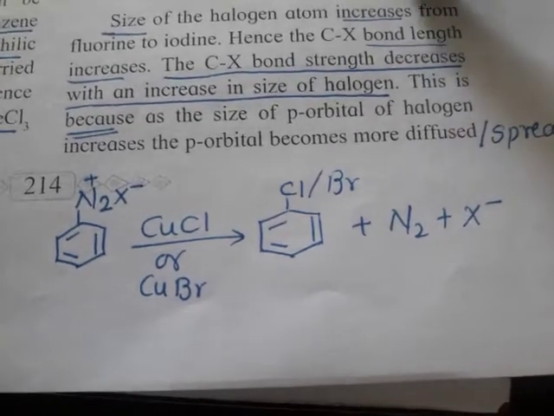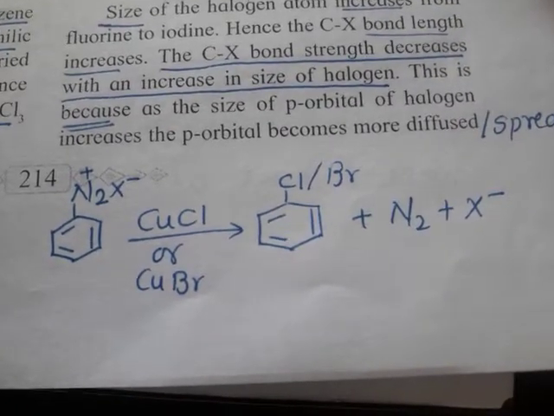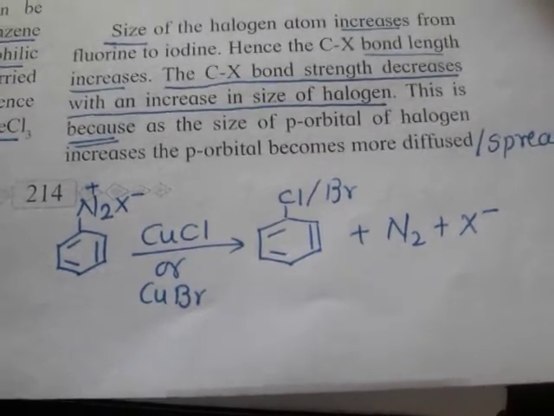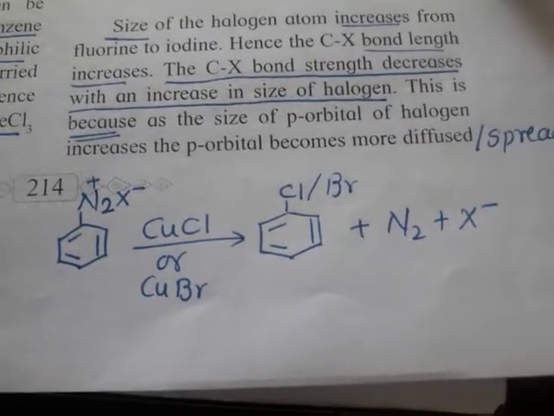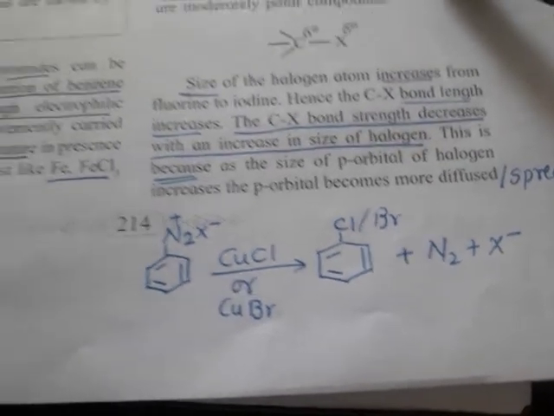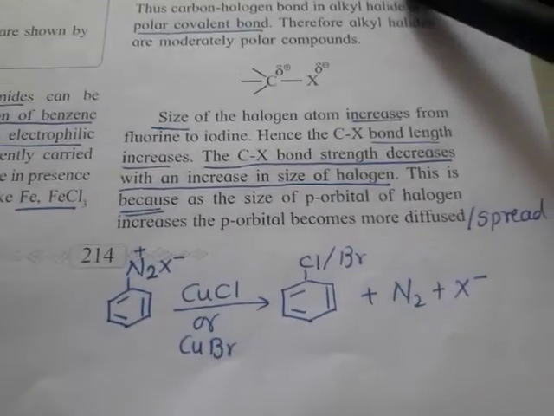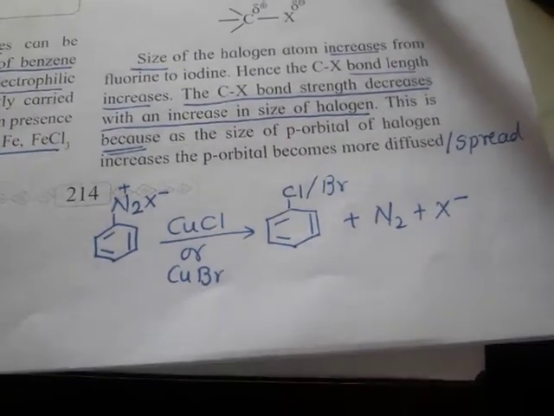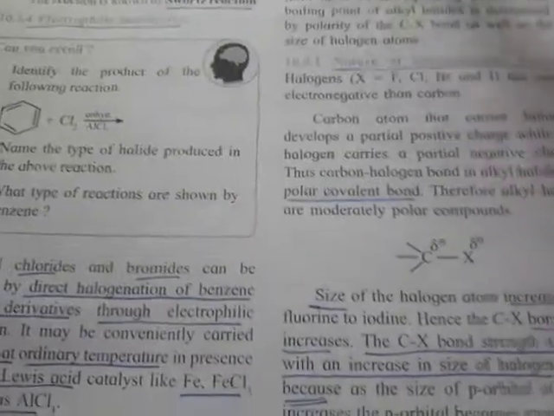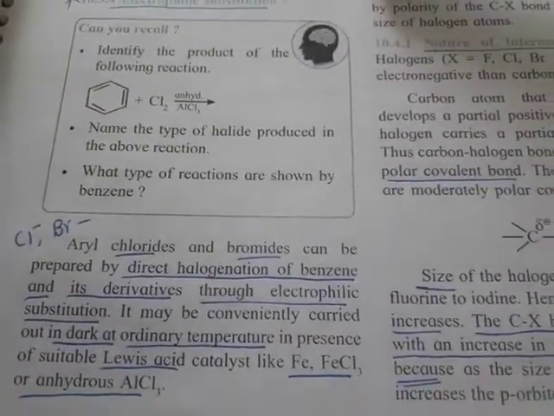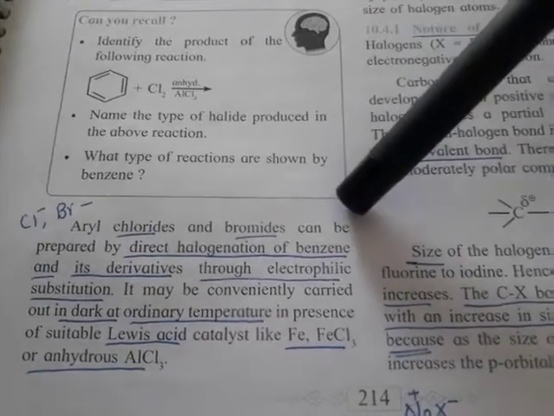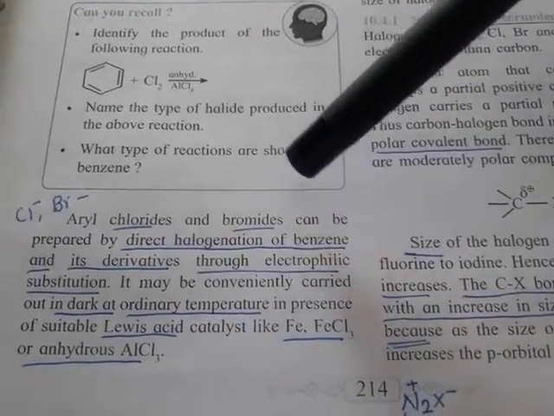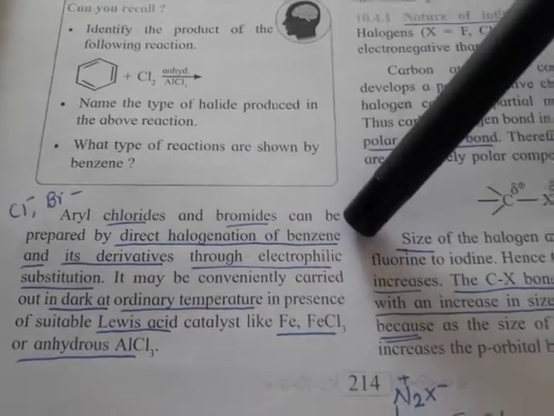Okay. So up to this we have discussed preparation of alkyl halide and aryl halide. Alkyl halides are prepared by using alcohol. Second, by using hydrocarbons, and third, halogen exchange. And aryl halides are prepared either by direct halogenation. If it is chlorination and bromination, direct halogenation takes place.